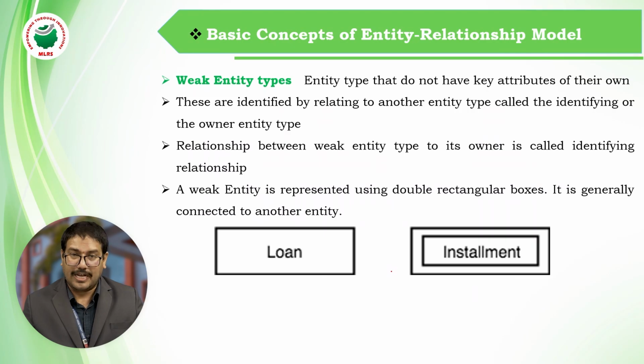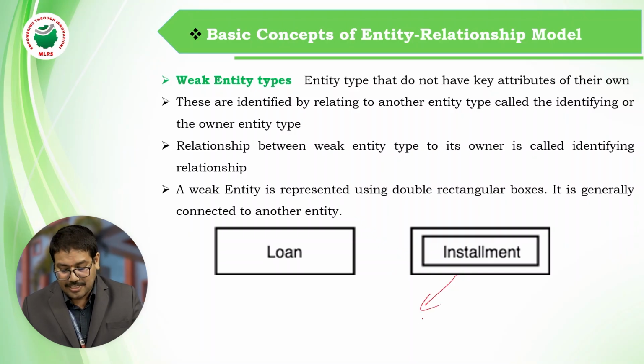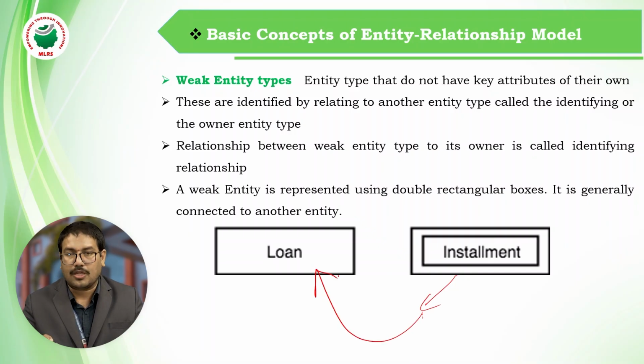Next, weak entities. For example, take an entity called EMI. You know what EMI is. Can you guess, without a loan, do you have EMI? No. So here EMI or installment is an entity, and this entity of course depends on the loan.